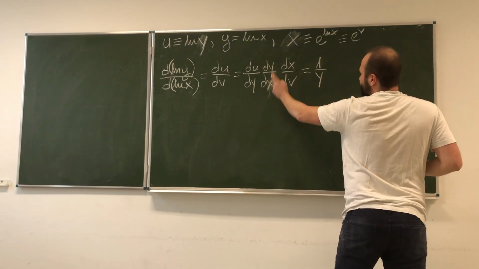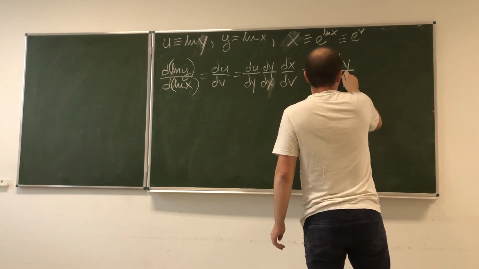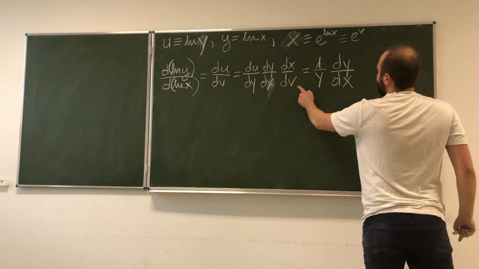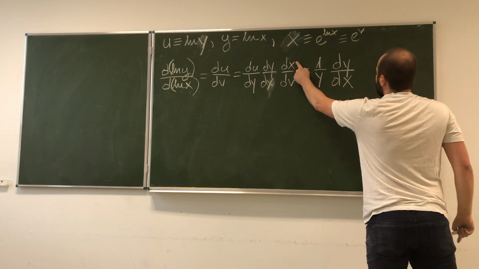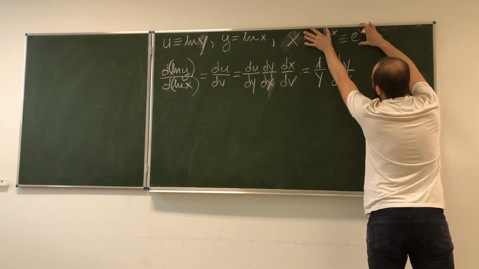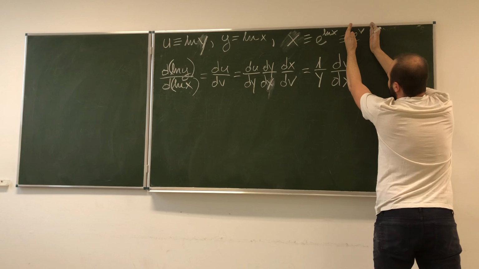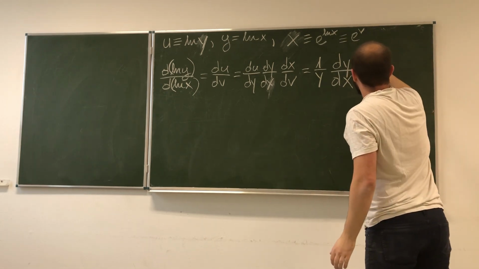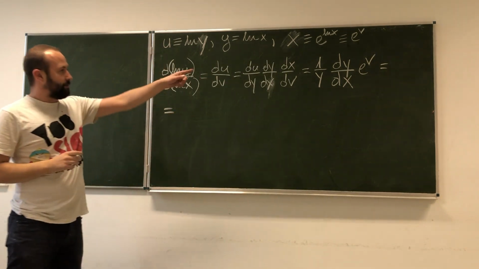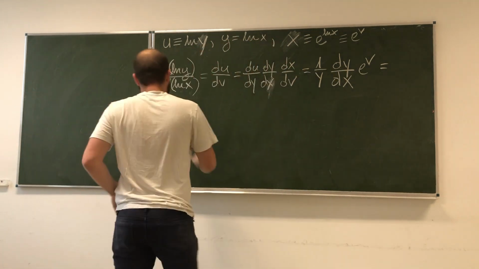Okay, here we have dy dx. We don't want to get rid of this. This is the part we like. And now dv dx. Look, dx dv is this function, so this is the function x, right? So if I differentiate this with respect to v, I can just get e to the v. But we should remember that e to the v is also equal to x.